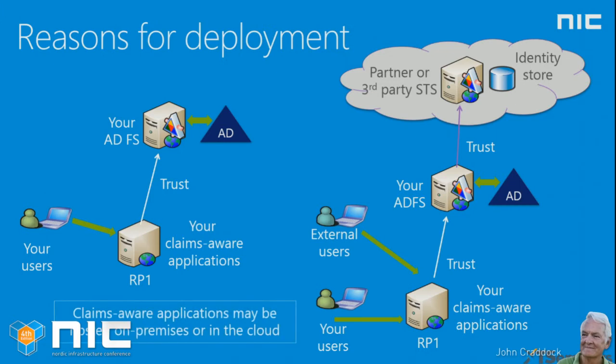So that's another scenario. And the claims-aware application itself, where is it? It could be on your premises, or it could be in the cloud. So what you could do is publish your claims-aware application in the cloud, and when somebody hits that, it comes back to your ADFS on premises, or you could publish it in the cloud and go to a cloud security token service of some kind.